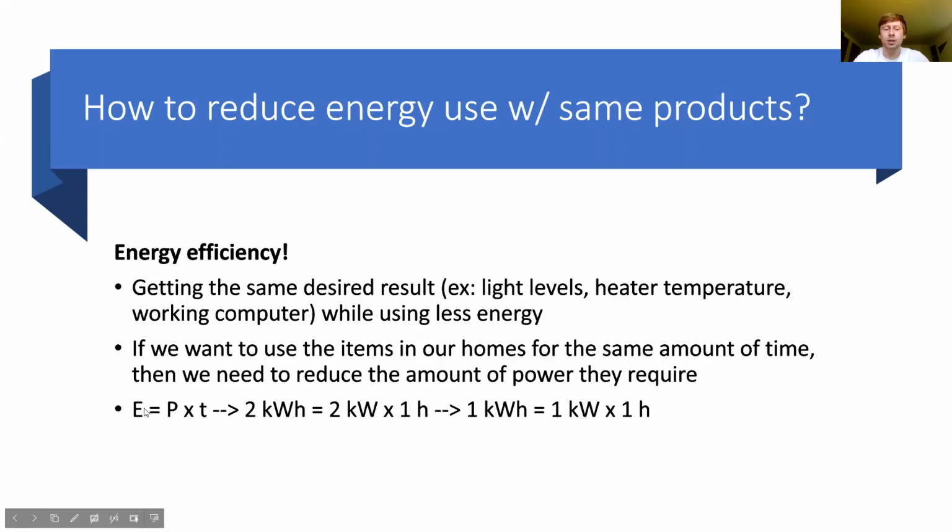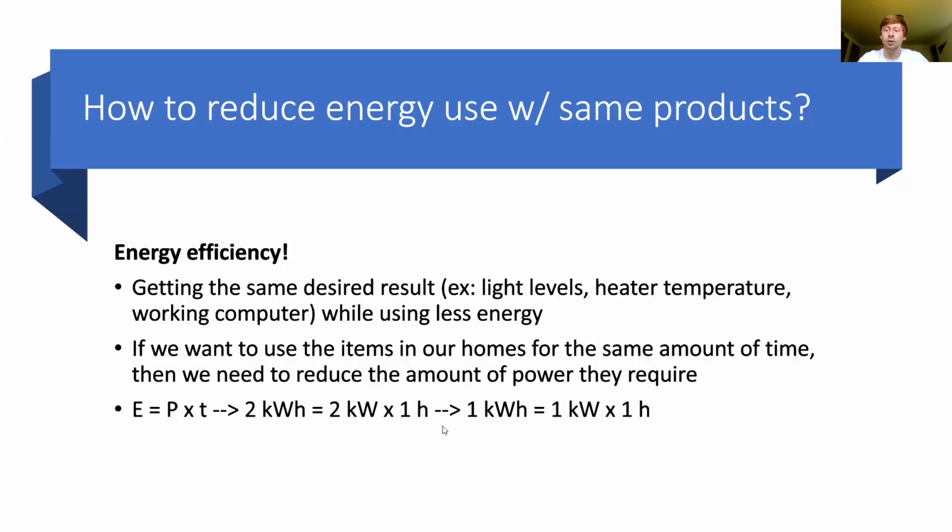So we're going to go back to the equations that I had before. Energy is power times time. But if we want to reduce energy but keep the time that we use that product the same, that means we have to reduce the power that that device requires. So down here is an example. Before we're using 2 kilowatt hours, and we do that by having a product, say a light bulb, that uses 2 kilowatts for 1 hour.